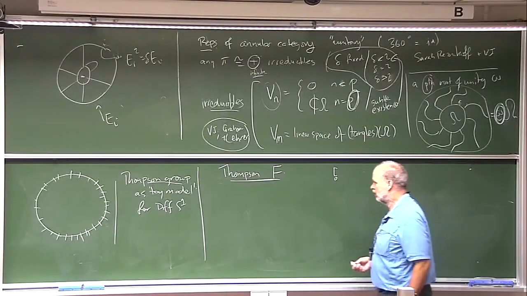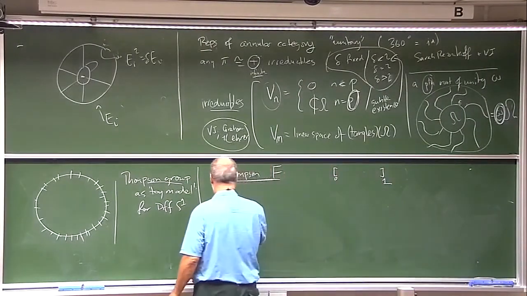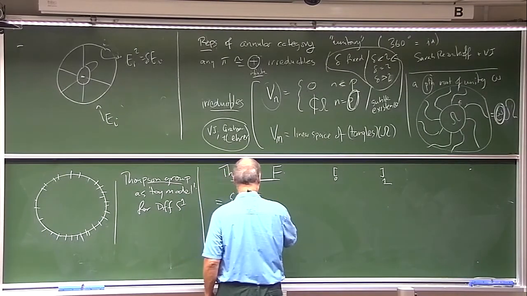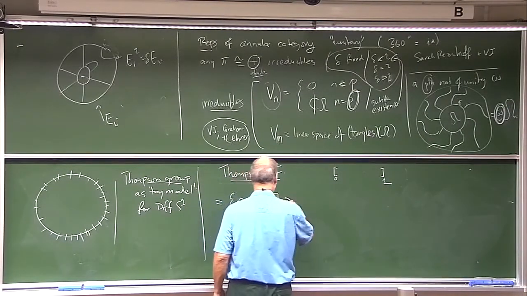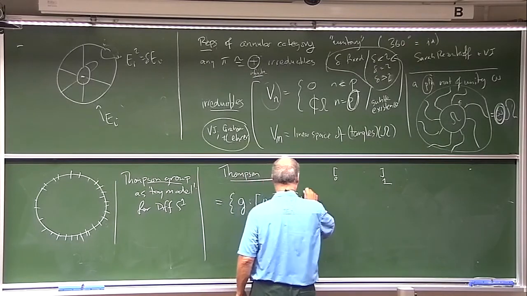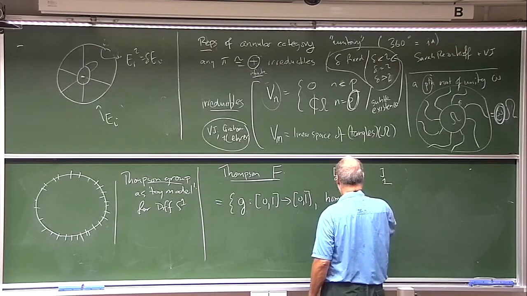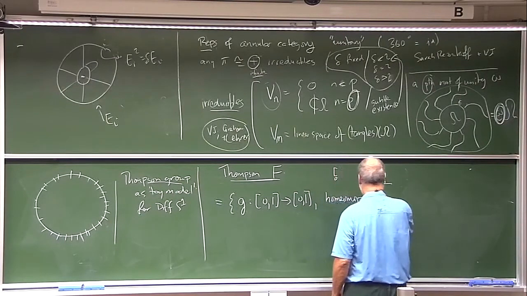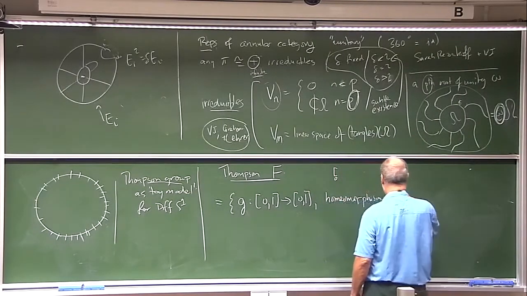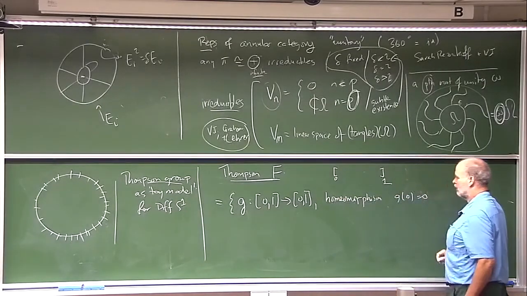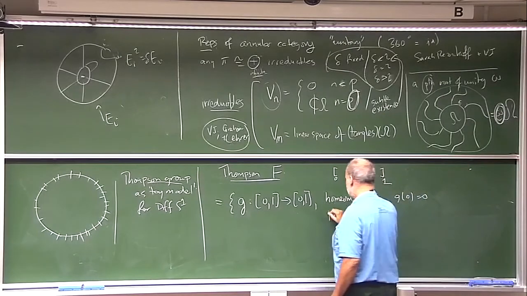So here it is. It is, by definition, the set of all g, where g is a map from [0,1] to [0,1], and it's a homeomorphism. It preserves 0 and 1. And it's piecewise linear.